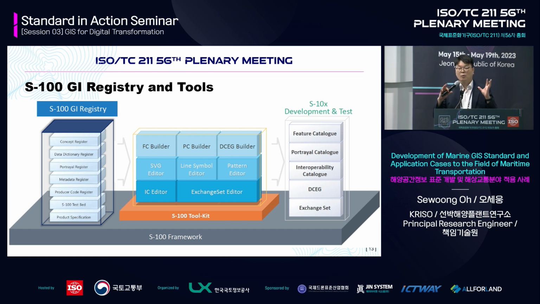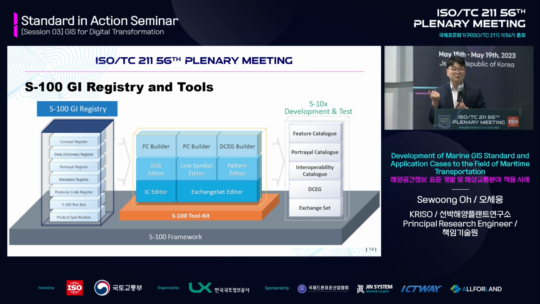Now, on geospatial information standard, on real working level, everyday business, we catalog the validation data and the application data. When all that goes into play, the registry is the backbone.